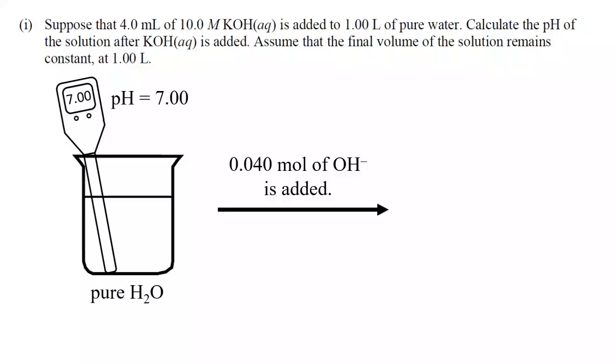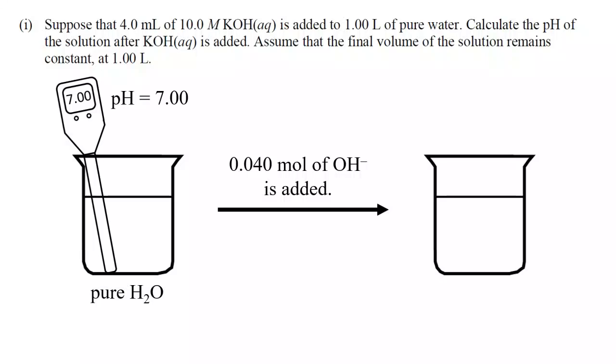We are expecting the pH to increase by a much larger amount because water is not a buffer. So as we consider the 1 liter, it says assume that the final volume of the solution is 1 liter. The concentration of the hydroxide ion in that solution now is 0.040 moles of hydroxide per liter.